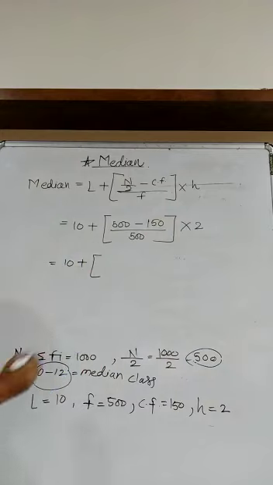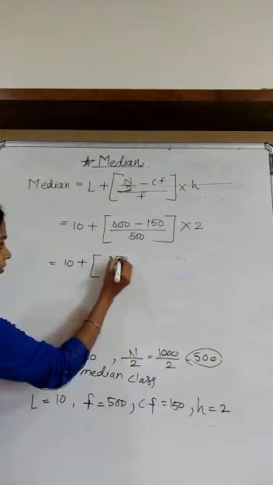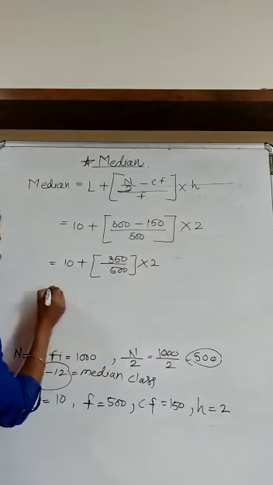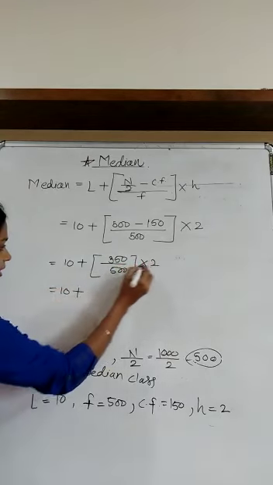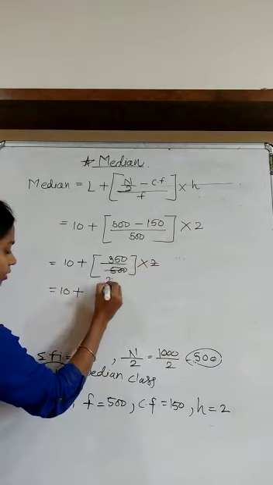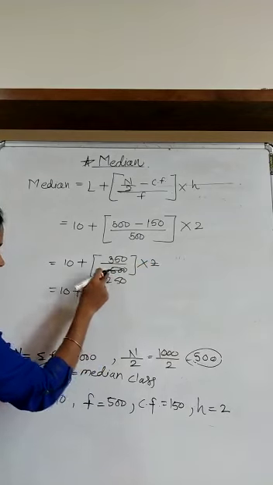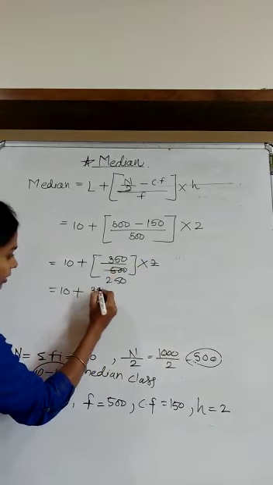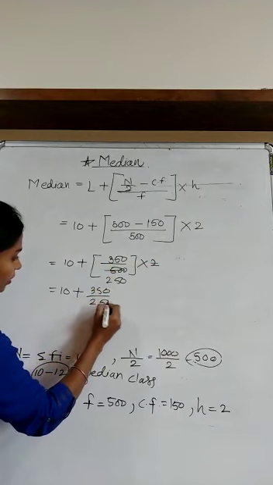500 minus 150, we will get here 350, by 500, multiplied by 2. Now 10 plus this 2, we will divide with 500. So we will get here 250. 500 divided by 2, and we will get 250. So I got here 350 by 250.